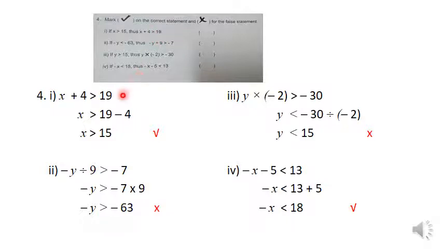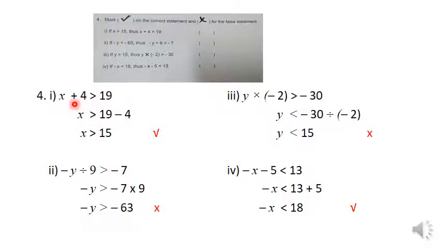Okay, first, you take x plus 4 is greater than 19 first. So you write and then you try to move any numbers so that you can get x is greater than 15. Okay, try. X, you bring down x and then greater than you bring down, 19 you bring down.